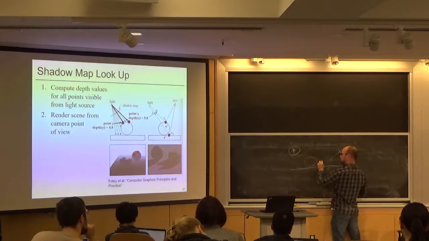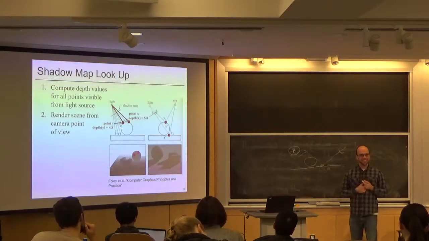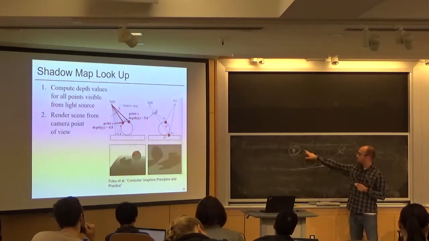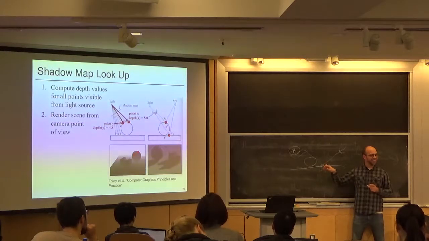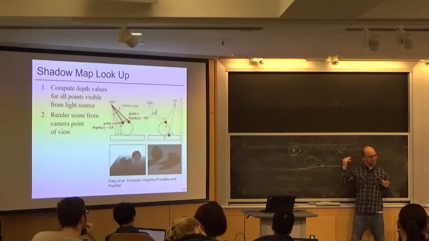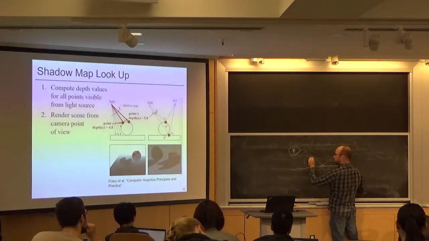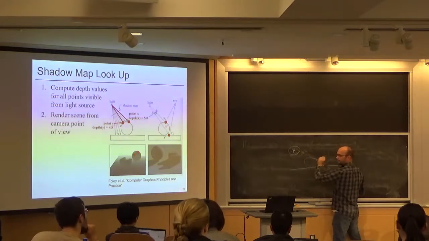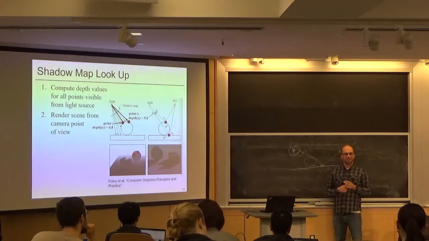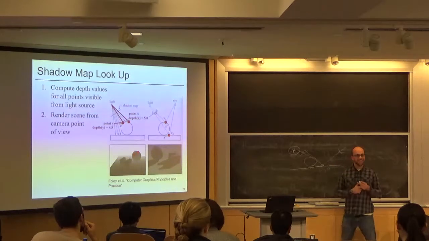It's going to give me a particular pixel position on the light image, which is where it would appear in the light's depth map. Now I compute the full distance from this point to the light bulb, and then I look inside of the light texture map and ask, are those two numbers the same? If they are, then this point gets lit, and if they're not, then it doesn't.